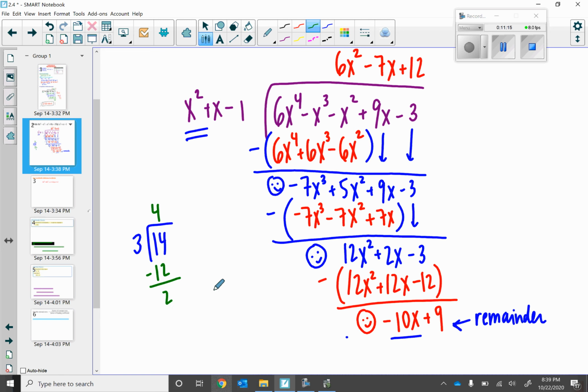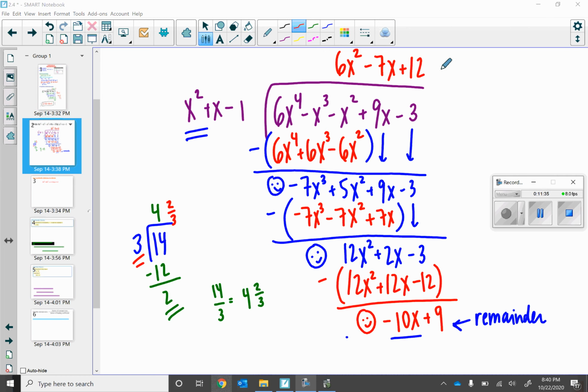Think about this. 14 thirds is really 4 and 2 thirds. Here's our 2, here's our 3. 4 and 2 thirds.